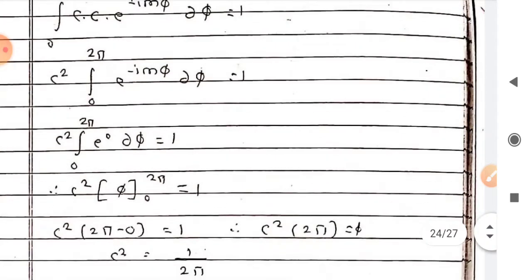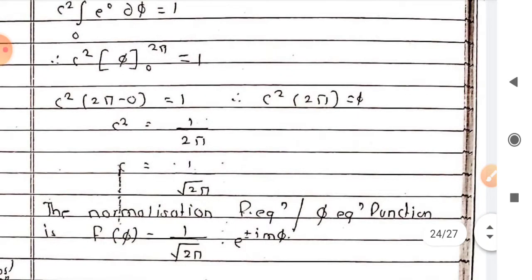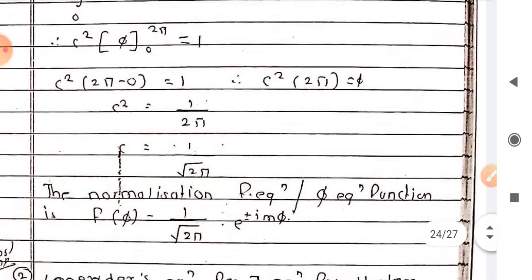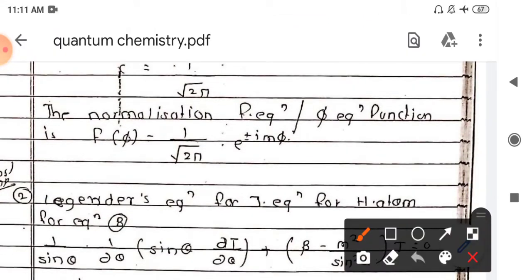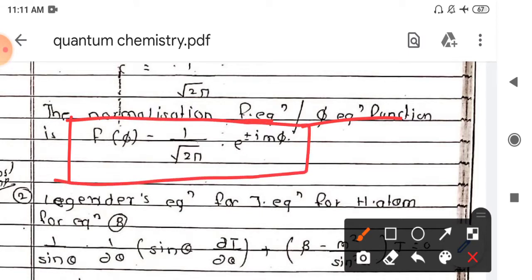After normalizing, we get the value of C as 1 upon under root of 2 pi. So the f equation or phi equation is f equals 1 upon under root of 2 pi into e raised to i m phi.